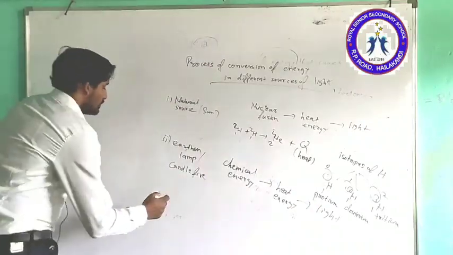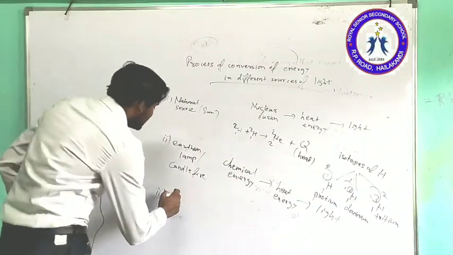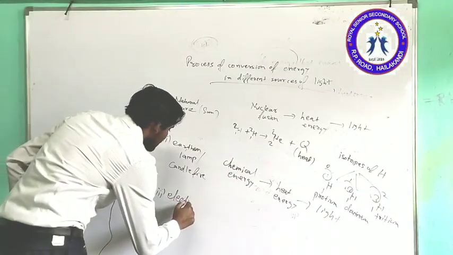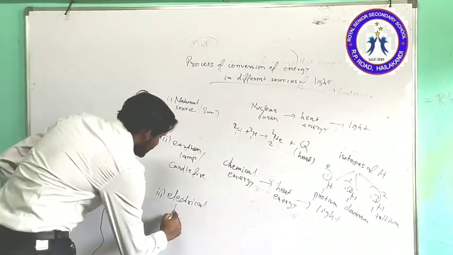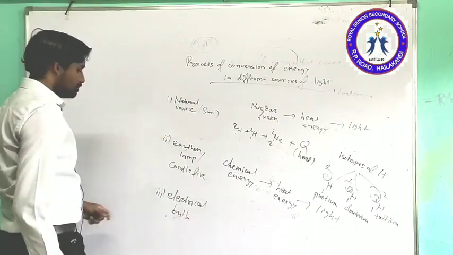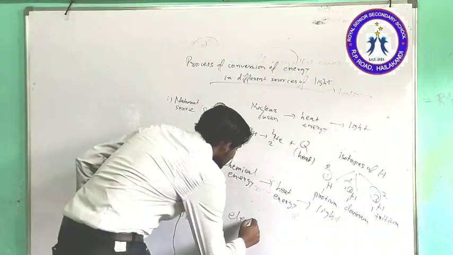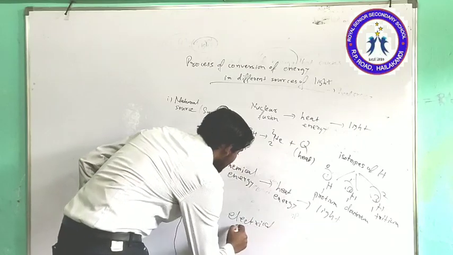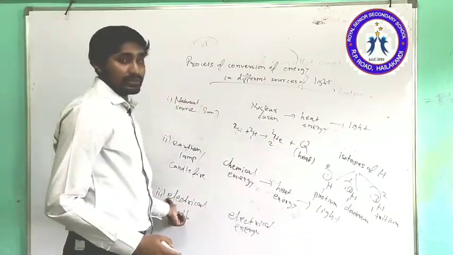And in the third case, suppose your electric bulb, this is again an artificial source case. Here also, how do we get light in an electric bulb?